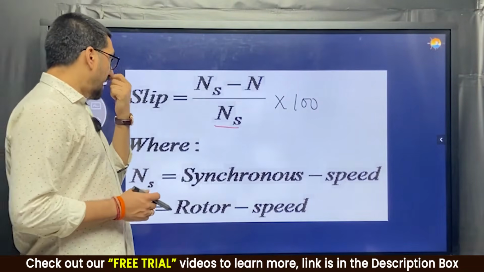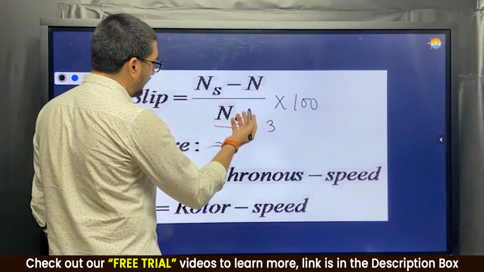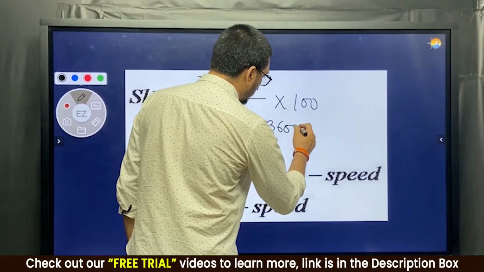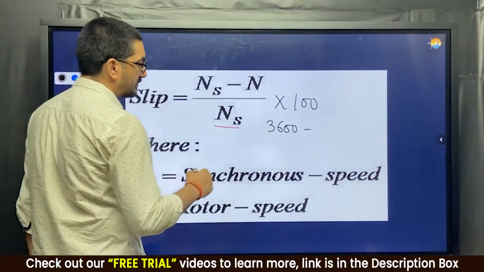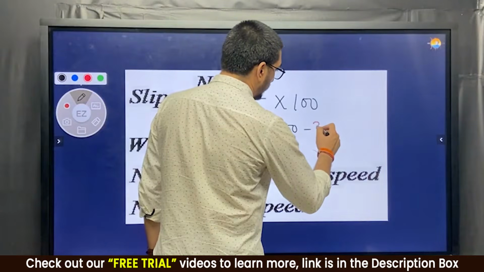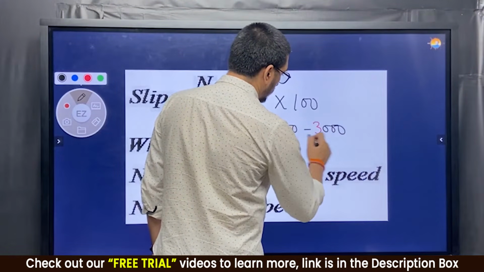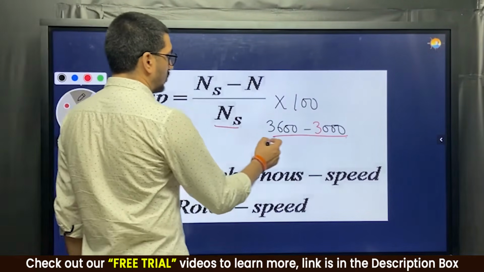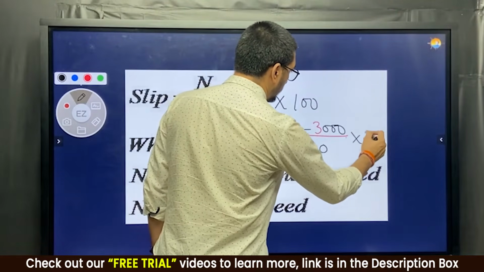Okay, so let's say RMF speed is 3600 only, the maximum speed possible. And let's say your present speed is 3000 only, so divided by 3600. So let's find out how much is the slip.